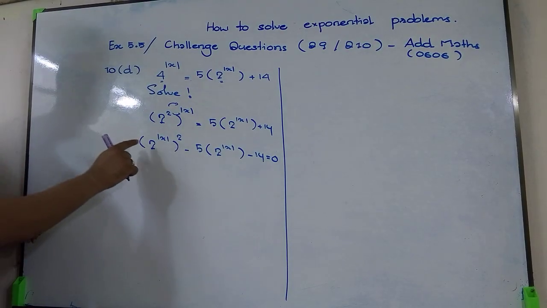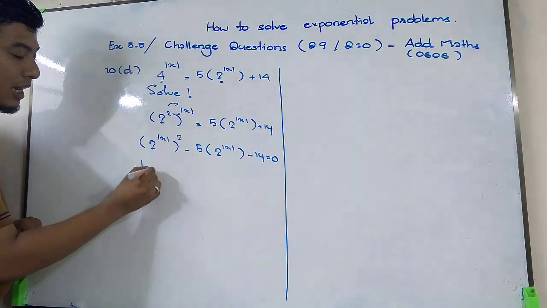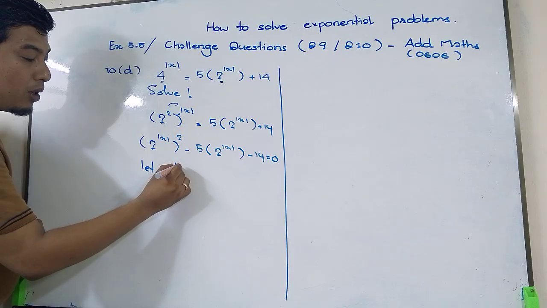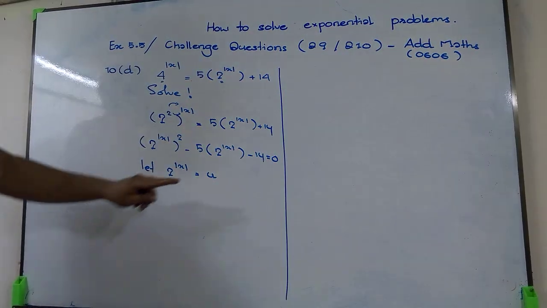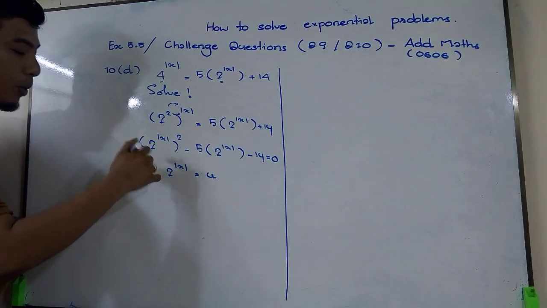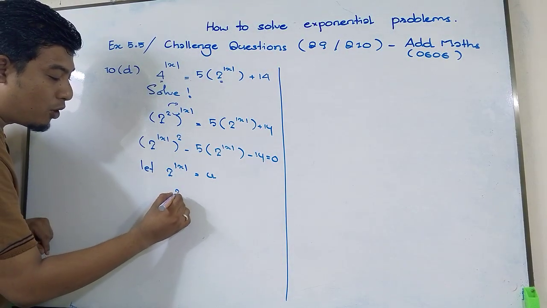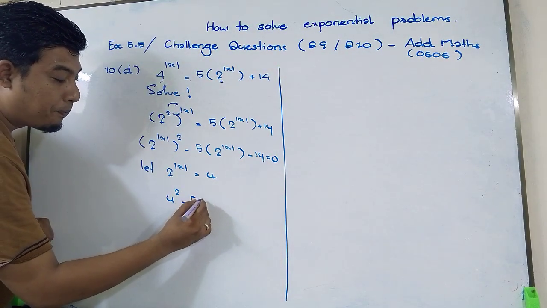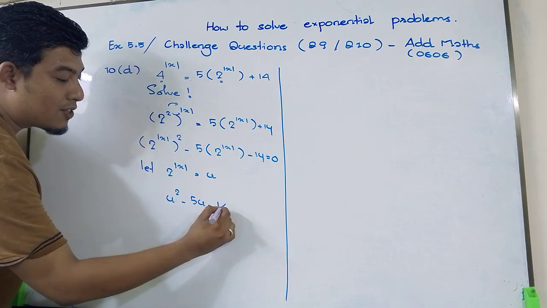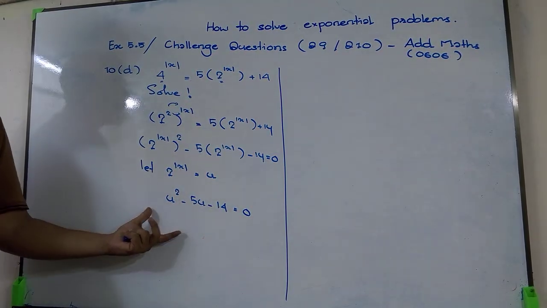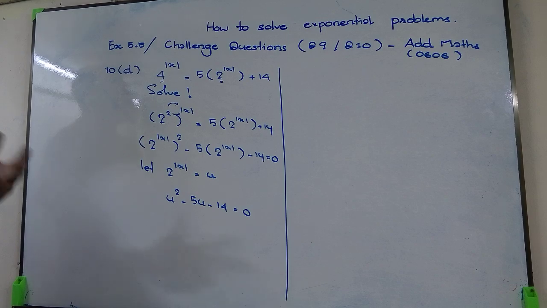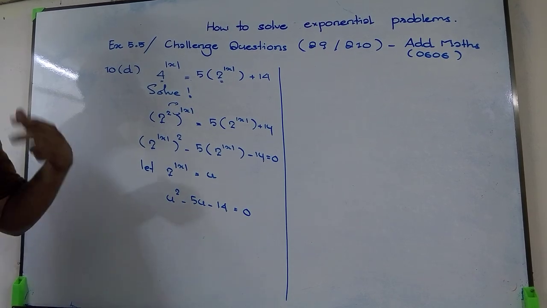So what I have to do is let 2 to the power modulus x be equal to u, or you can use any letter that you wish. So now you can rewrite this equation in the form of u squared minus 5u minus 14 is equal to 0.